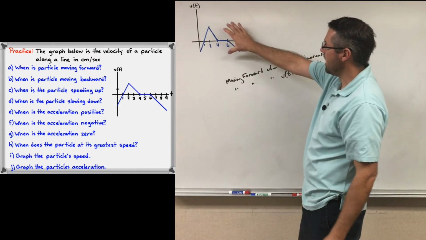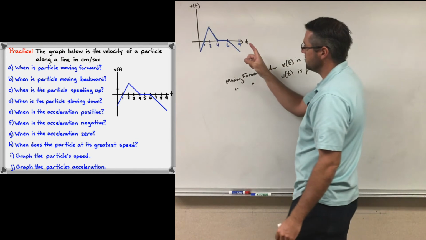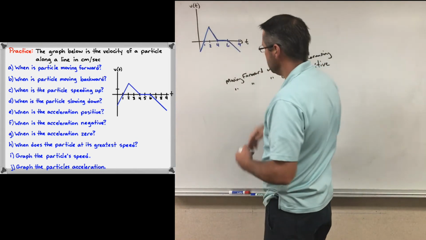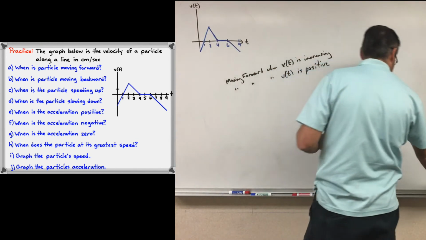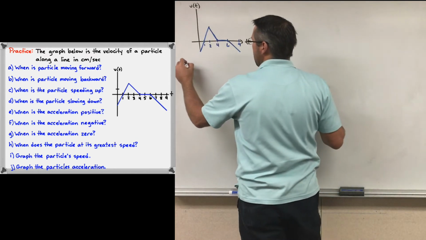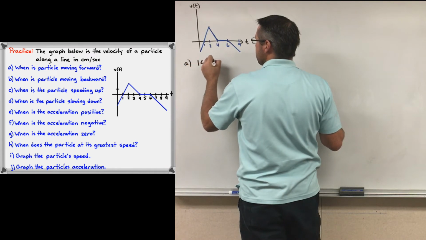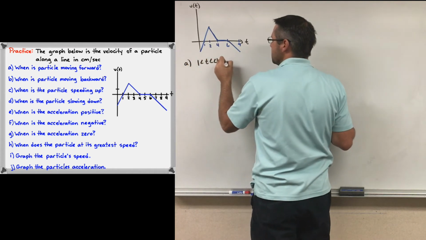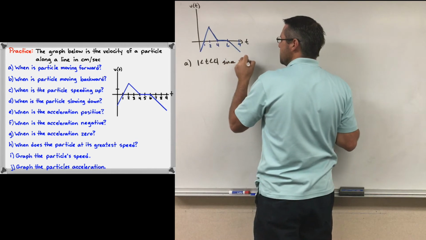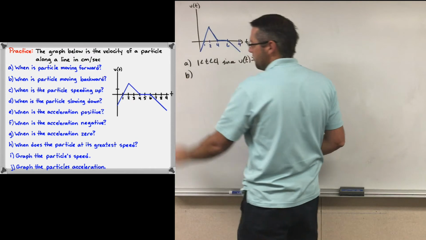Because I was given the velocity graph, where is velocity positive? Velocity is positive when velocity is above the t-axis in this case. So we would say for A, we're moving forward over the interval 1 is less than t is less than 4. And we could say since v of t is greater than 0, is positive. Okay, so that's when we're moving forward.